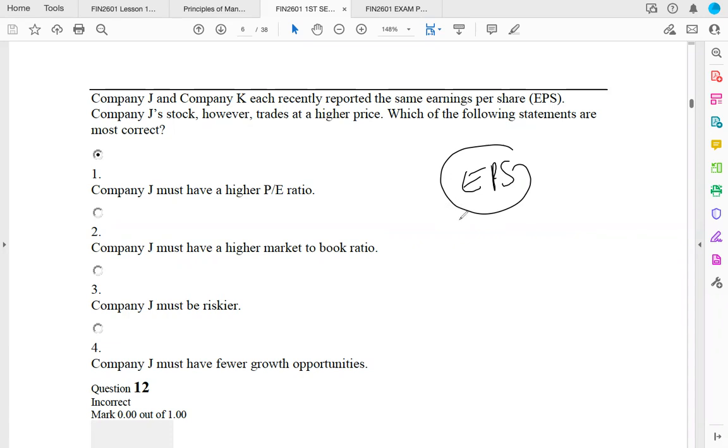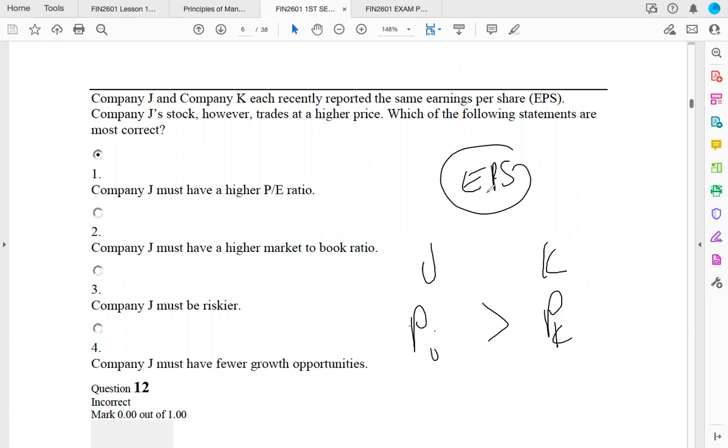However, we've got two companies, J and K. We've been told that even though they both have the same earnings per share, the price for J is more than the price for K.